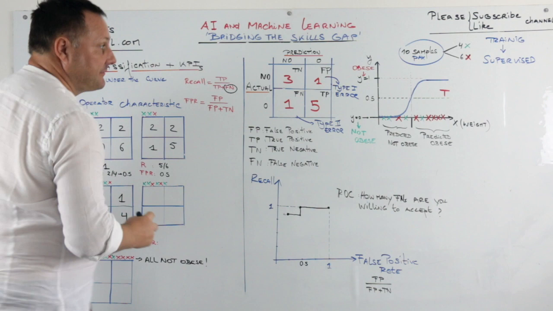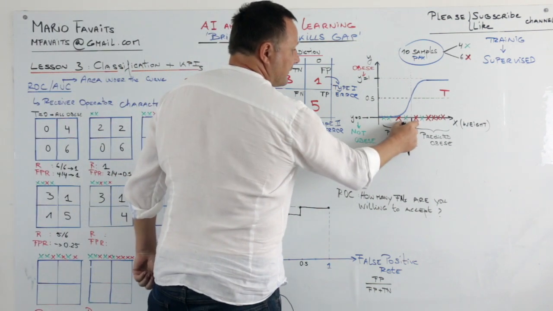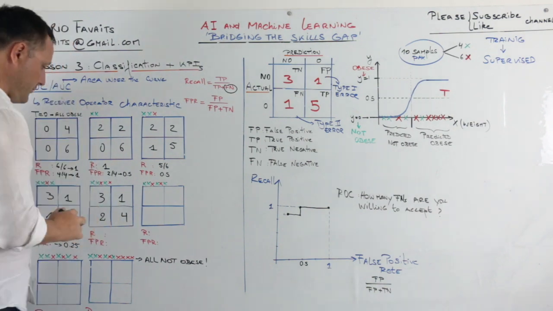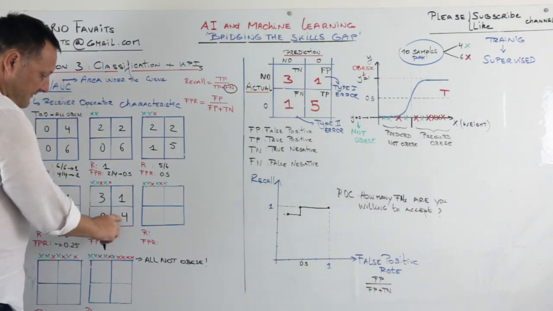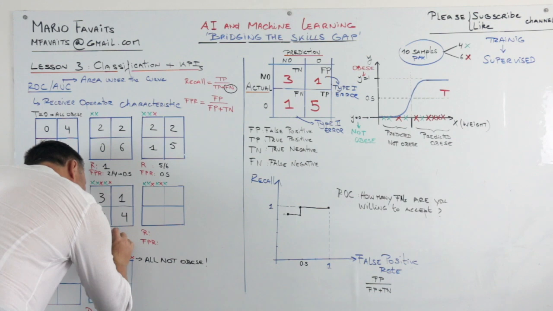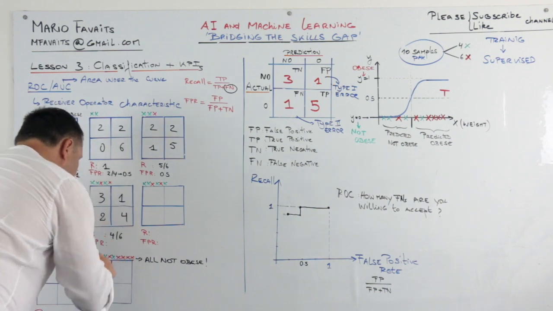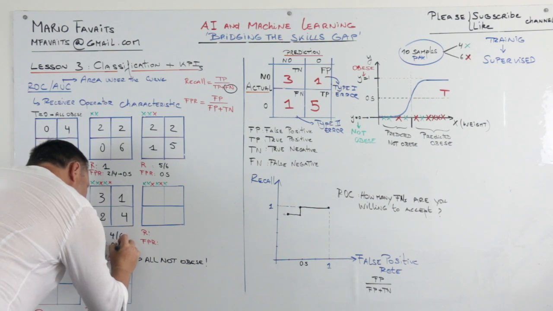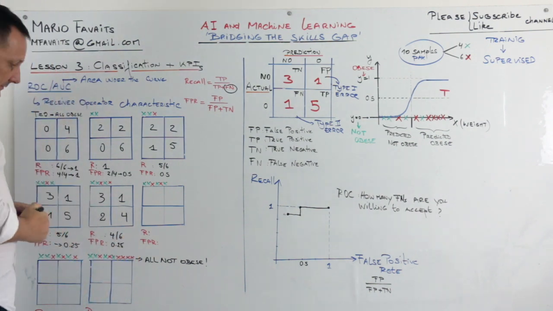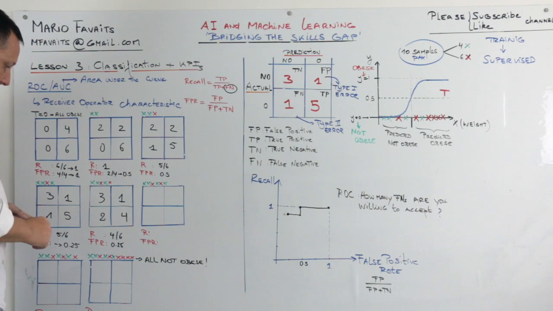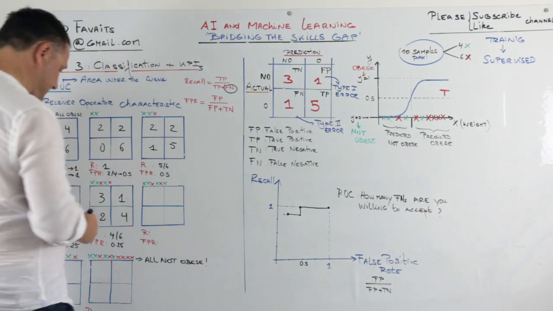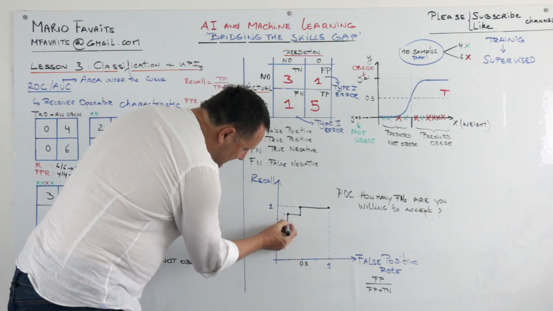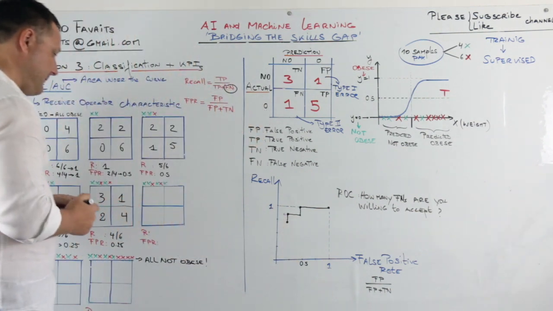And the false negatives in this case will be the 2 red ones. So it's 2. Recall is 4 divided by 6. And the false positive rate is 1 divided by 4, which is 0.25. Okay? So this does not change, but 4 out of 6, this will drop a little bit.